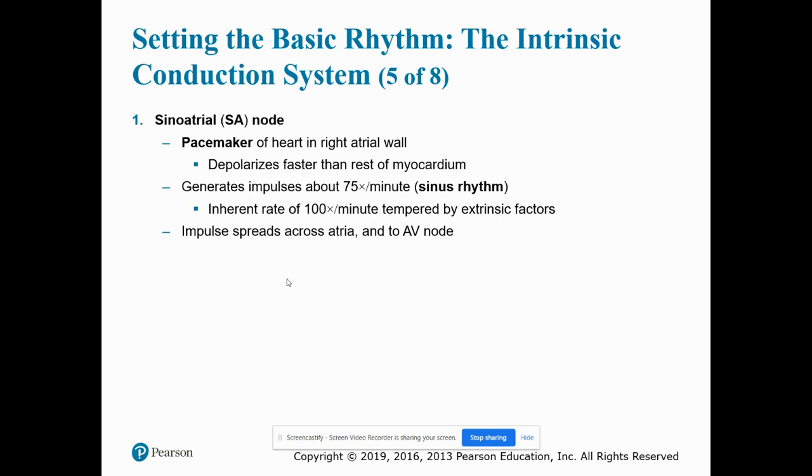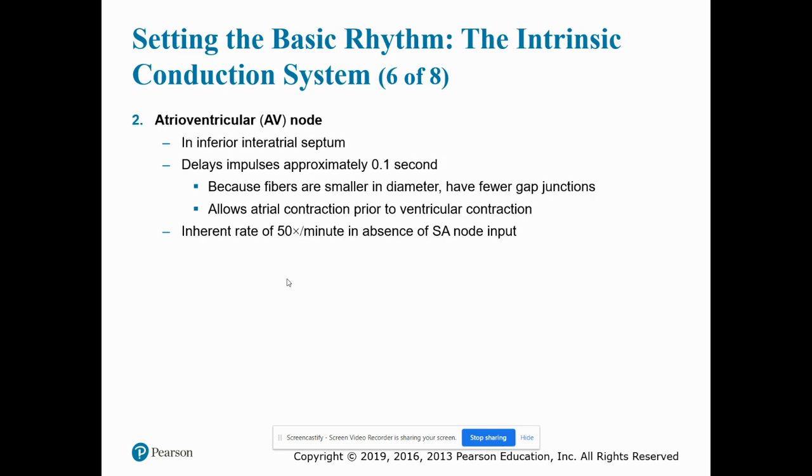And then the impulse is going to spread across the atria, and then next, the AV node. The AV node, or the atrioventricular node, is in the inferior interatrial septum. It is going to delay impulses approximately 0.1 second, which is going to allow the atria to contract before the ventricles contract.